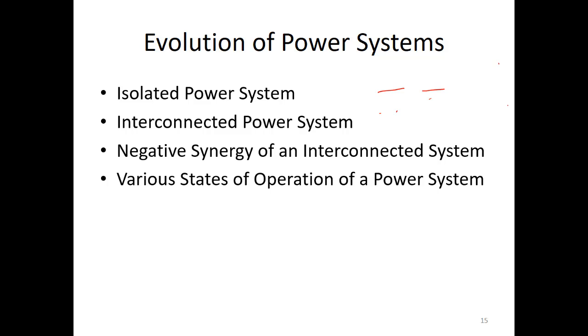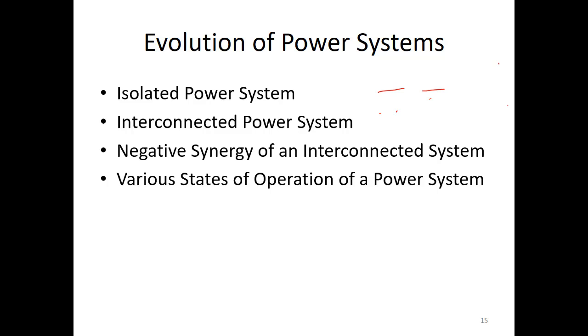Then let us see the various states of operation of our system. What are the various states? Already we know, under normal state the power system operates when the load is equal to the generation.